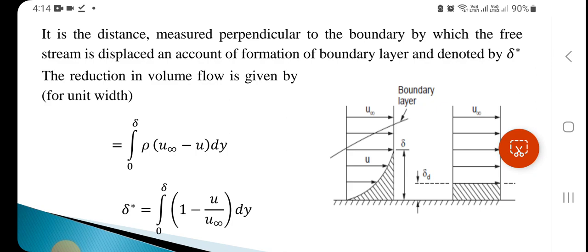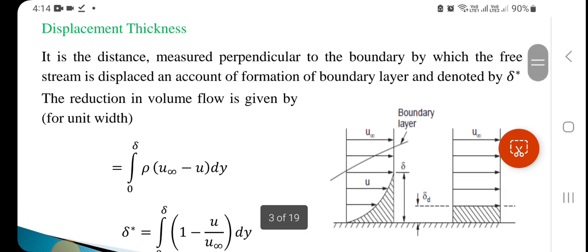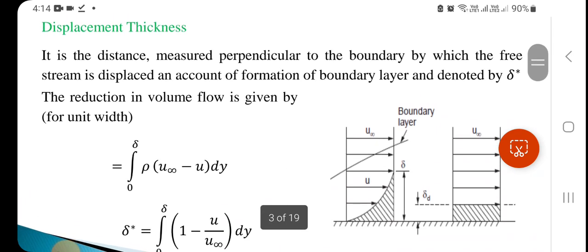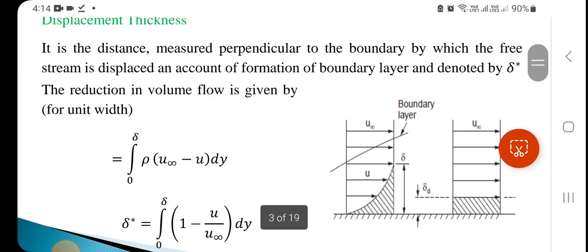The reduction in volume is given by displacement thickness, so integration of 0 to del, of u infinity minus u into dy, along the y direction. So displacement thickness del star is given by integral 0 to infinity of 1 minus u by u infinity into dy.